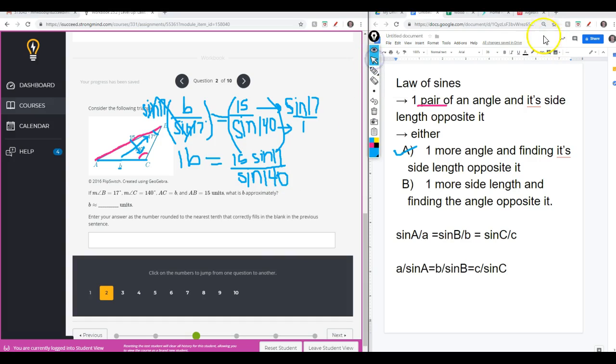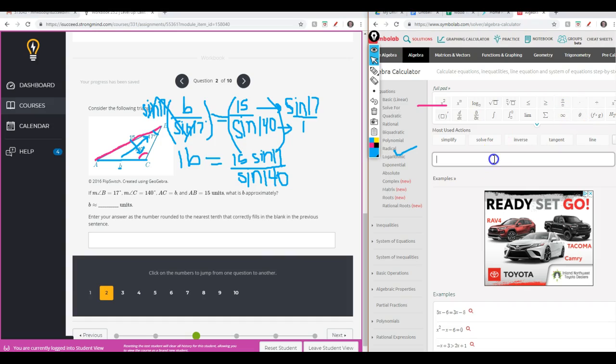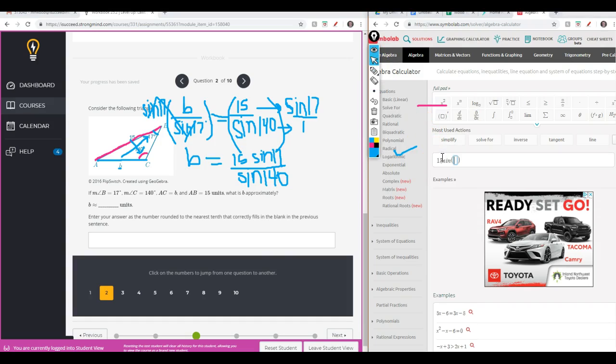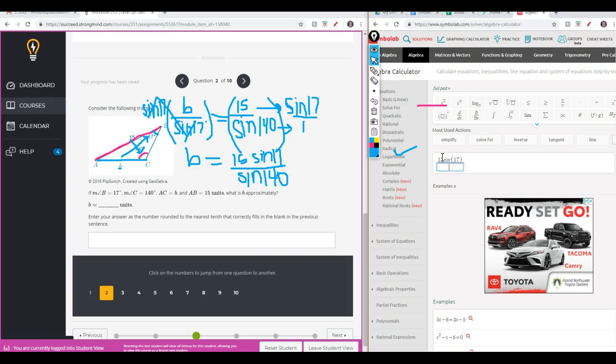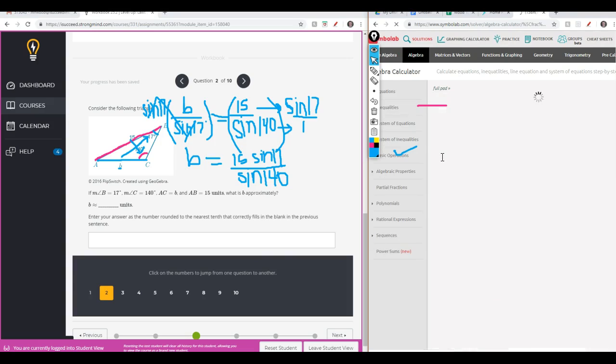So again, we're going to jump over to our symbolab. More commonly, this 1b is just written as b. So we have solved it: b equals 15 sine of 17 degrees divided by sine of 140 degrees.